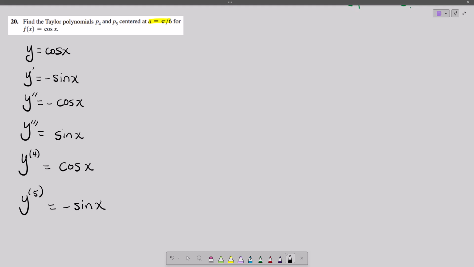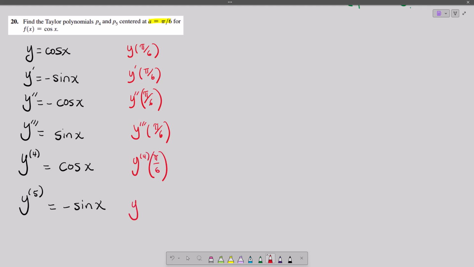Step 2, column 2, we are going to evaluate each of these at the center that we were told to use. So we are going to find the function's value and the derivative's values at pi over 6 all the way down. So we just want to plug pi over 6 in for each of these functions and see what the value is, all the way down to the fifth derivative.